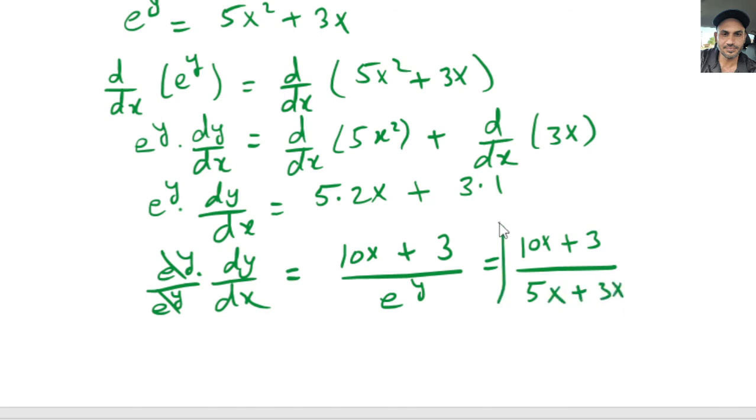So this is our final answer: dy over dx is equal to 10x plus 3 over 5x squared plus 3x. This is the derivative of the natural log function. Hopefully this helps.